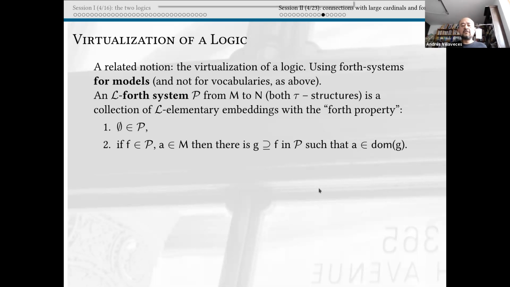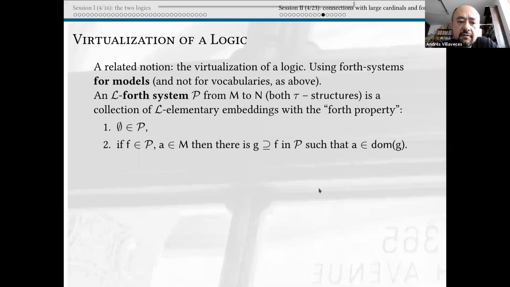And here I can just give you a definition. This is something extremely familiar, especially if you remember the description of the game we had from last time. So L is a logic. A fourth system P in the logic L from a model M to a model N, where both are tau structures, there is no change in the tau now, is a collection of L elementary embeddings.